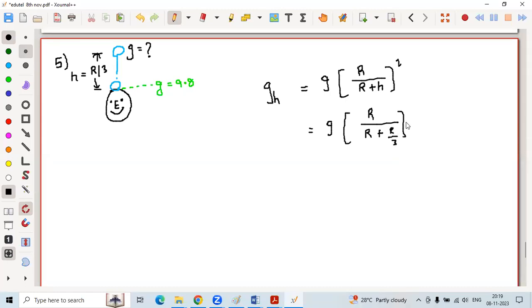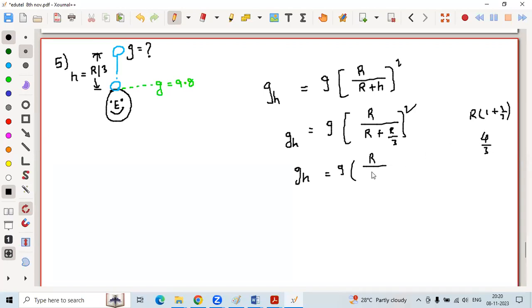H is R by 3, substitute. So G at a height h is equal to G on surface into, solve பண்ணுங்க. Numerator R. Denominator, if I take R common, becomes 1 plus 1 by 3. If I take LCM, 4 by 3.